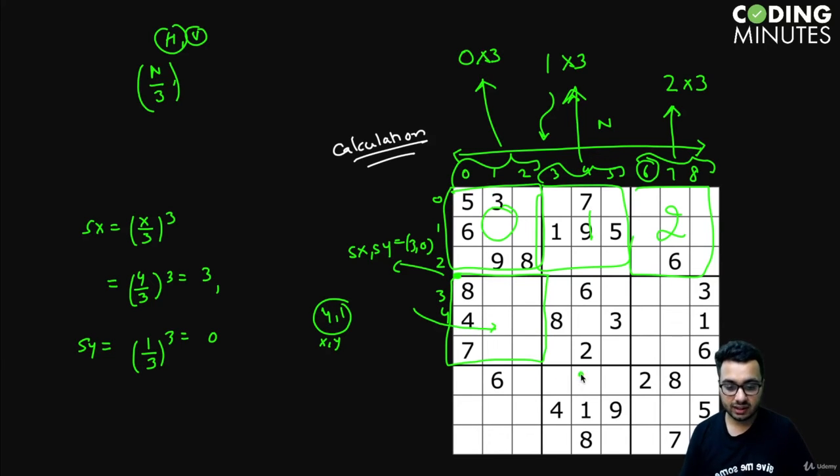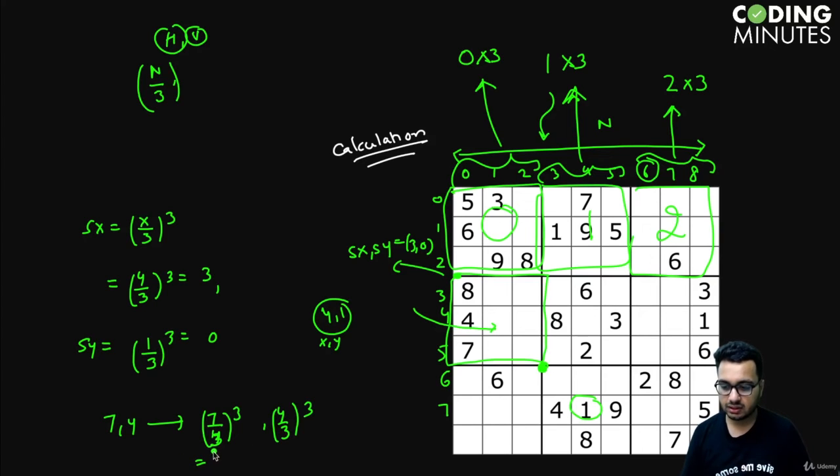Okay, so let us try for this particular cell. This is 5 6 7. So this should be the starting point. So this is 7 comma 4. Let us find the starting point for 7 comma 4. So what we do, 7 by 3 into 3, and 4 by 3 into 3.